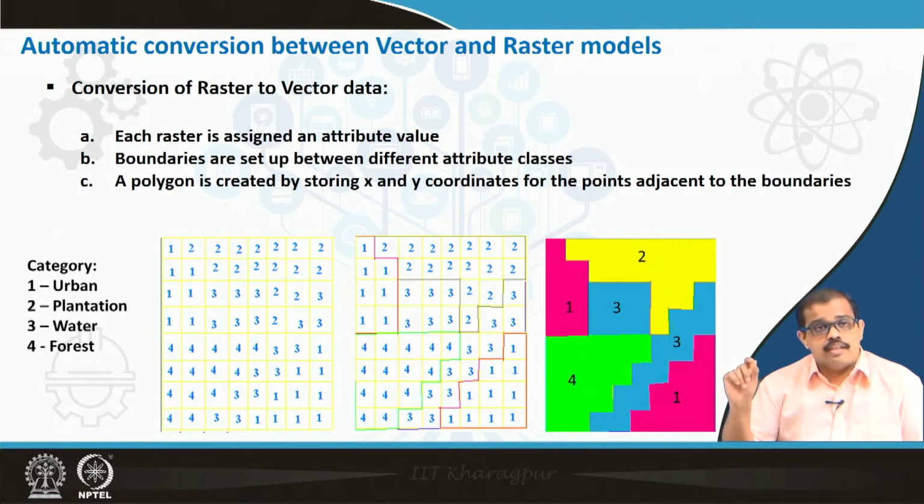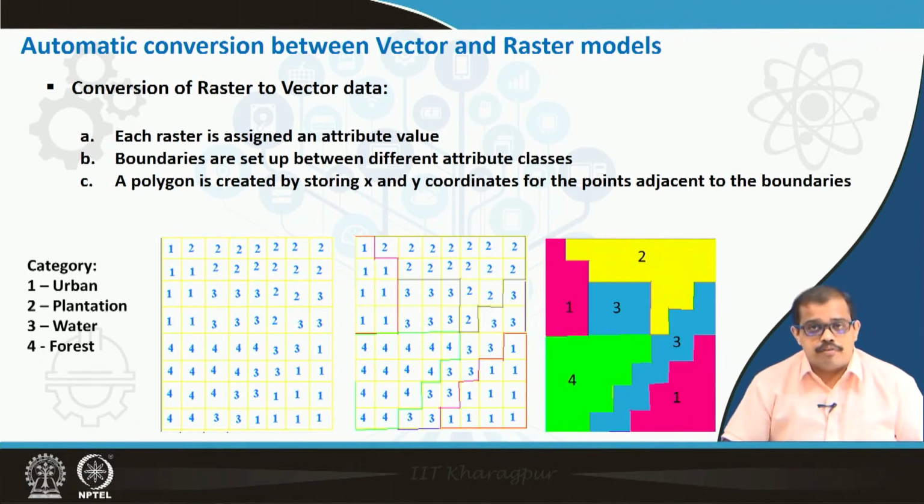If I consider 1, 2, 3, 4 as attribute classes, you draw boundaries something like this. This is the first polyline from the starting node, second polyline, third polyline, fourth polyline, fifth polyline and the final polyline. All of these polylines will be set up as a boundary only where you have similar information.